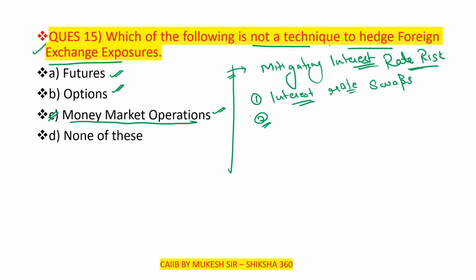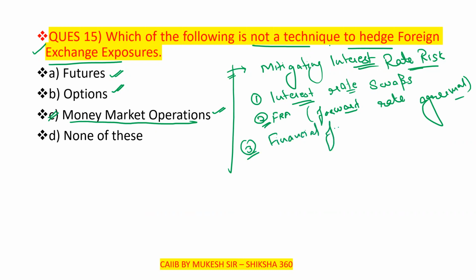Second, FRA, forward rate agreements. Third, financial futures. All these things help in mitigating the interest rate risk.